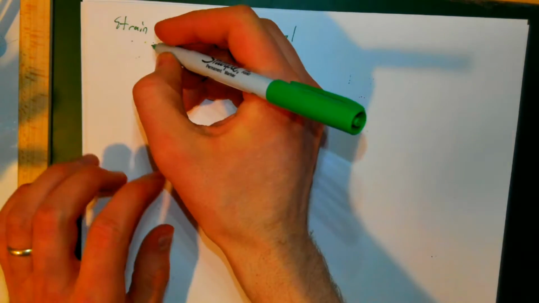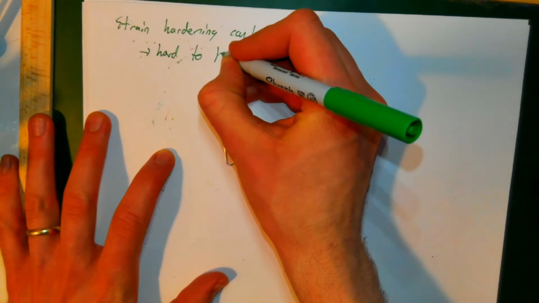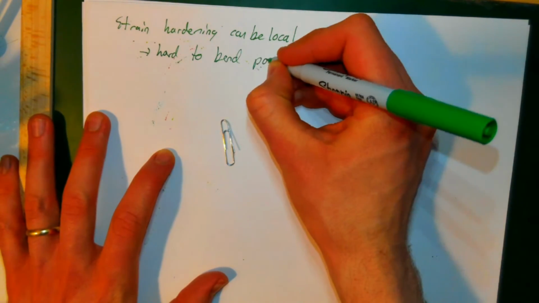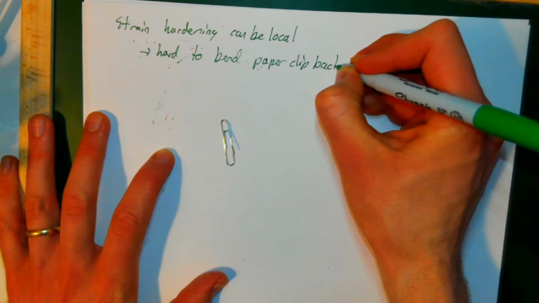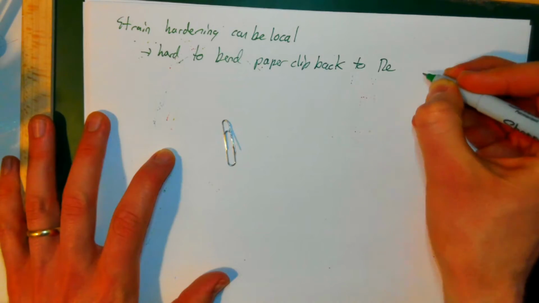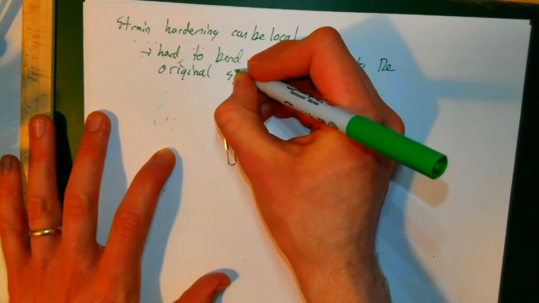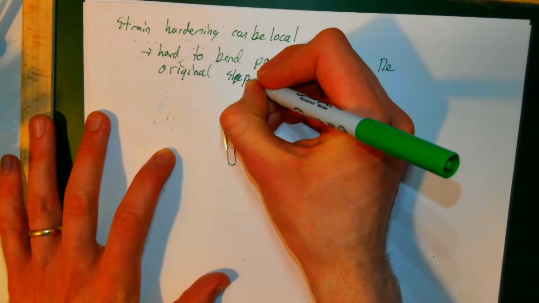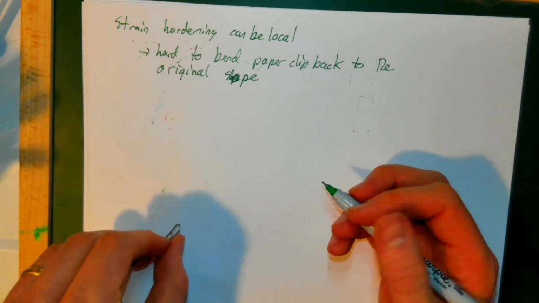Right? So strain hardening can be local. It's hard to bend the paperclip back to the original shape. And why?